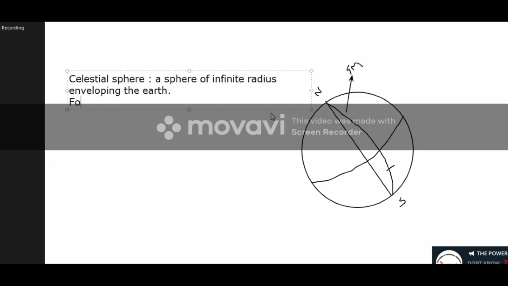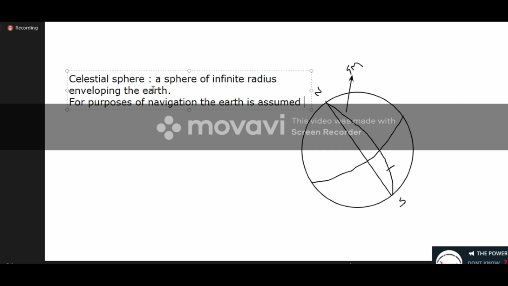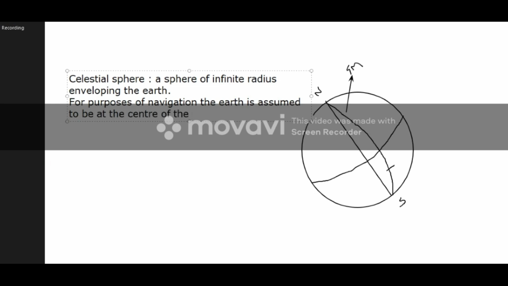Enveloping the Earth. For purposes of navigation, the Earth is assumed to be at the center of the universe with its axis vertical.